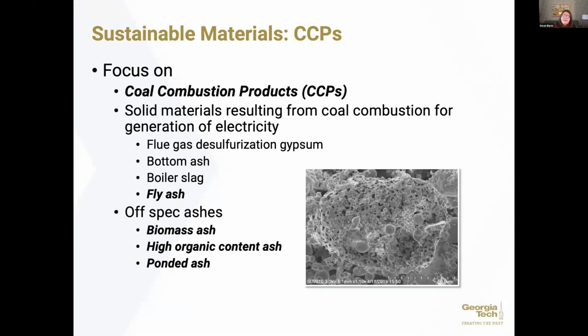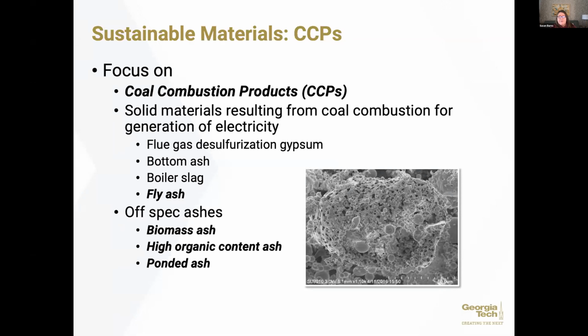So when we take a look at this and go further into today, what I want to do is focus on coal combustion products. You'll see me refer to those as CCPs. Essentially, these are the solid materials that result from coal combustion when we generate electricity. Typically we'll have a boiler, we'll burn the coal, we'll gather that energy, and we will convert it into electricity.